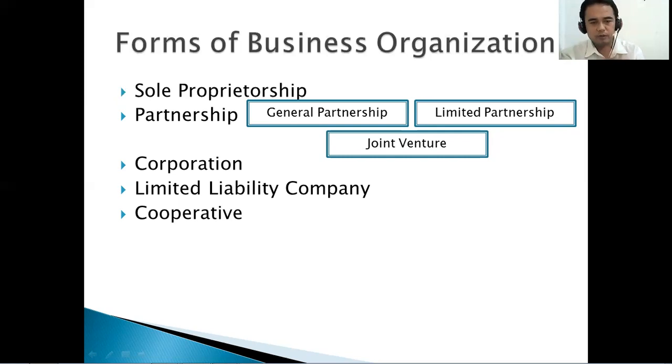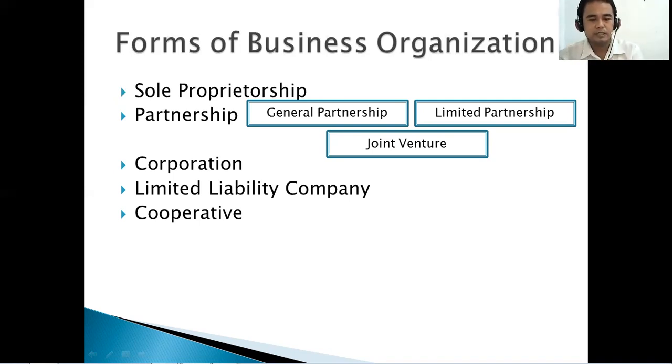As we all know, one of the successful businesses in the Philippines is the San Miguel Corporation. It is a big business, as you can see. It cannot be operated by only one person. It acts like a person, but of course is composed of a board of directors and stockholders. Those are the things that you can see in a corporation.